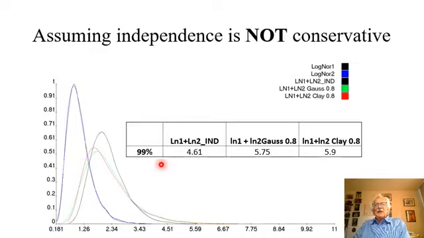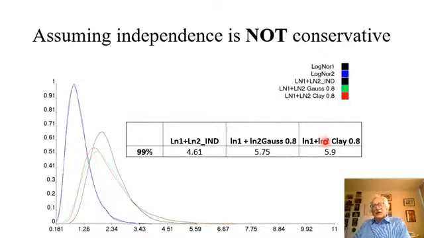And so if I look at the 99th percentile in these two cases, I see if they're independent, the 99th percentile of their sum is 4.61. If they are dependent with correlation 0.8, with the Gaussian copula, the 99th percentile of the sum is 5.75.